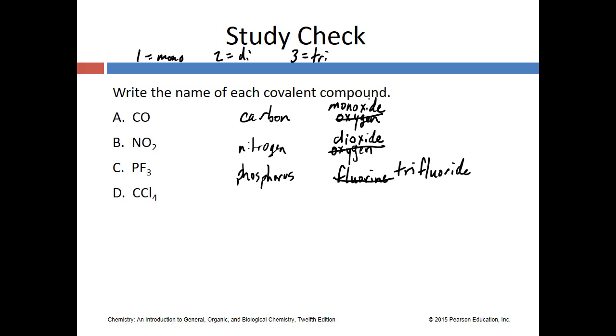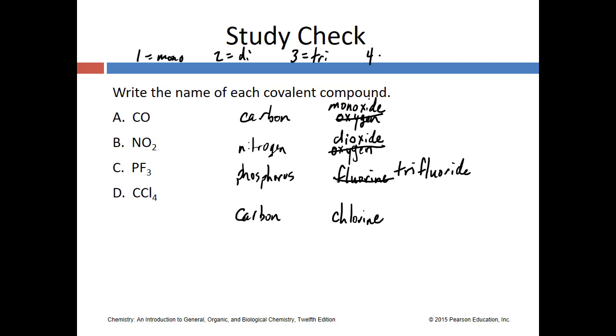The last one, I've got carbon and I've got chlorine. Carbon, again, one, the one's implied, so we're not going to change carbon at all. I need the prefix for 4. I can look at my sheet here.